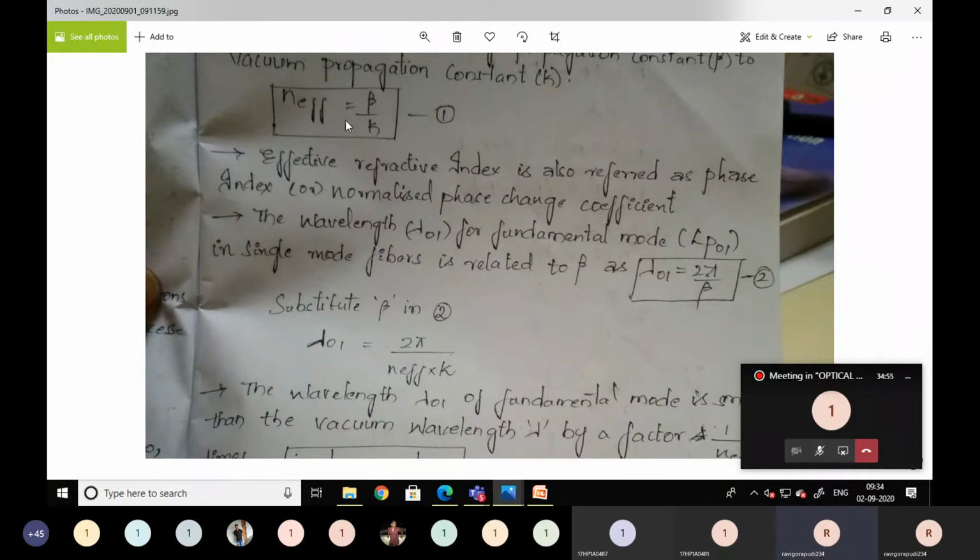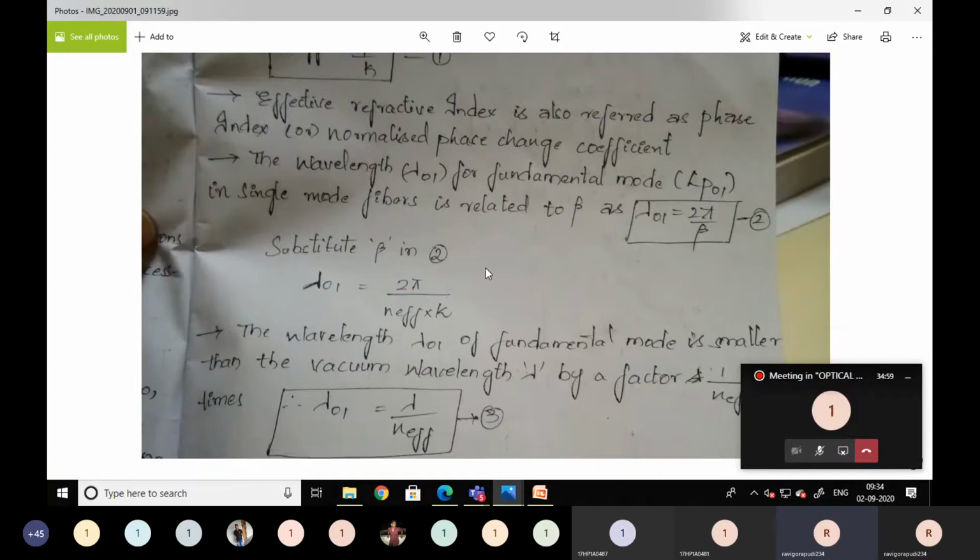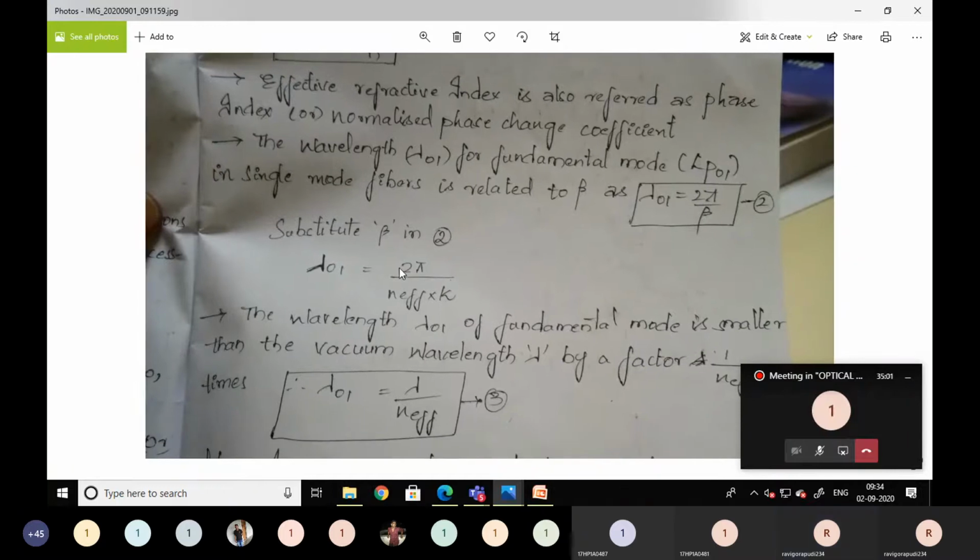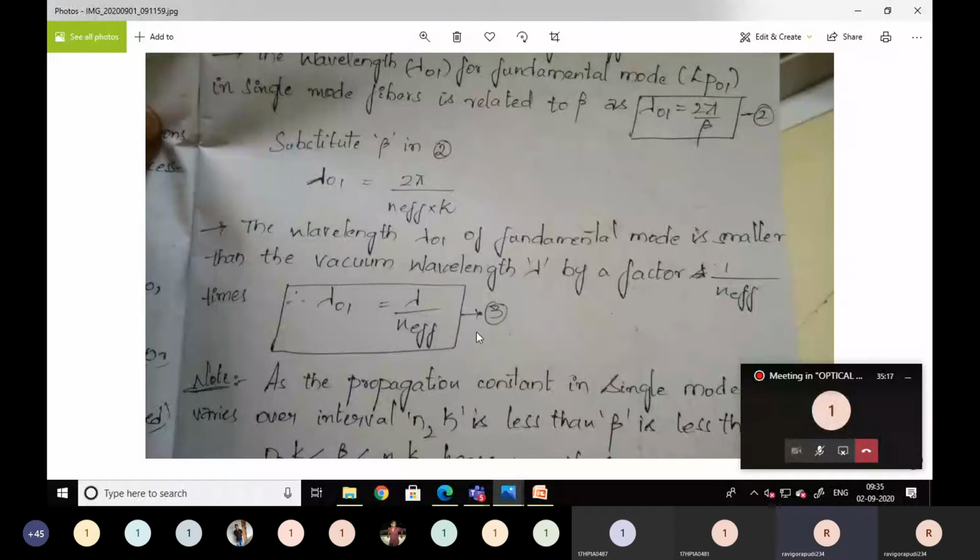From the first equation, I am writing beta as N effective into k. So finally, lambda 01 becomes 2 pi by N effective into k.